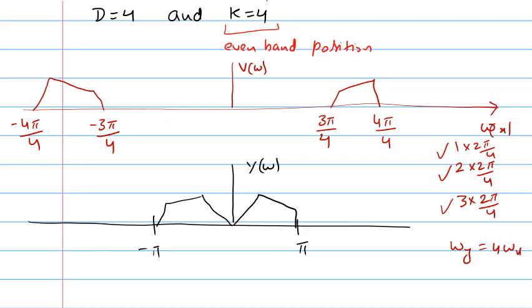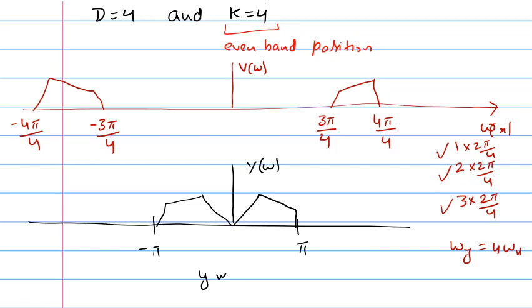So this shape you will be getting, and you can also observe that there's an inversion of the spectrum of the signal. That's happening only when you have k equal to 4. And that can be easily avoided by doing one more processing after the downsampling.